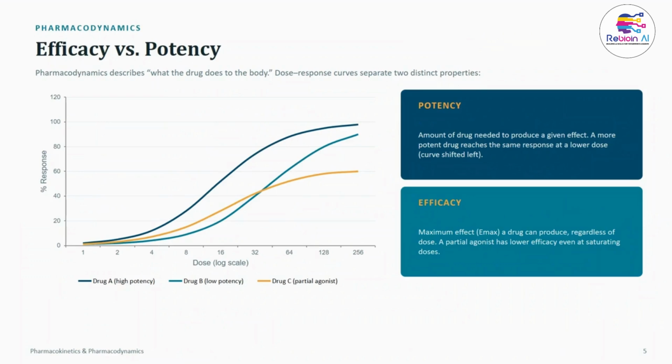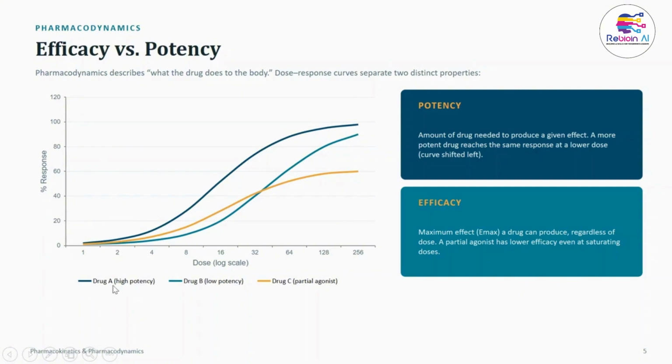So for instance, let's take coffee. If you take a small cup of coffee, it wakes you right up. This is what potency means: you need a small quantity to show its effect. In the graph, this is a drug response curve. On the x-axis you can see the dose, and on the y-axis the response.